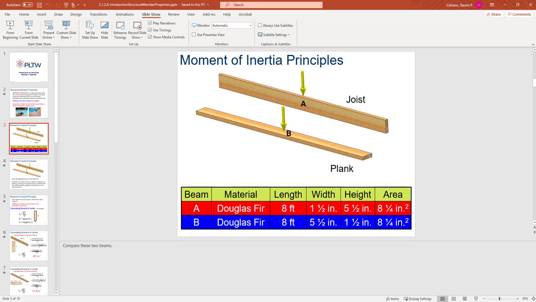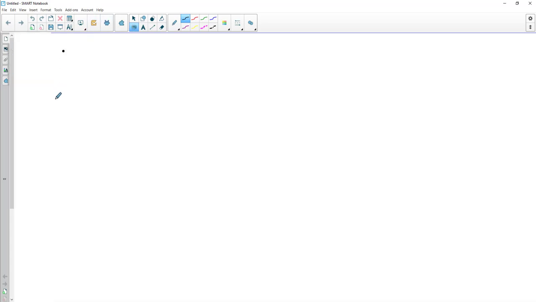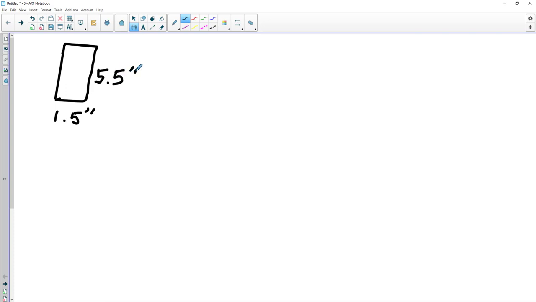If I go back to SMART, if I were looking at this board from the end, it means that it is 1.5 inches wide and 5.5 inches tall. So it is 1.5 by 5.5. How do I know that?